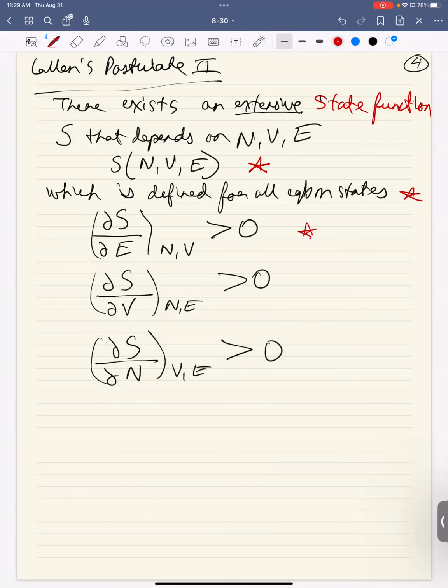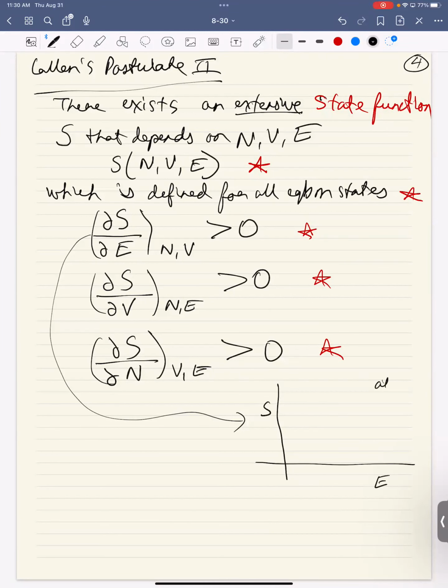So that's 3, 4, we have 5 parts already in this postulate. So it's a state function that depends on 3 variables, and it is monotonic increasing in any of those variables if you keep the other 2 constant. What does this mean? Let's draw a graph and try to get intuition, for example, for this one. Let's say I'm drawing a graph of S versus E at constant N and V.